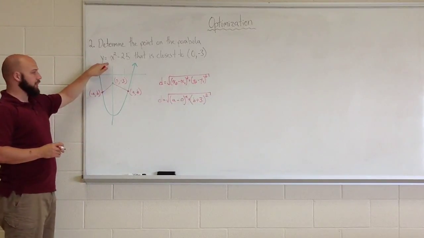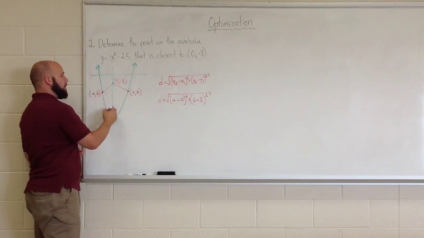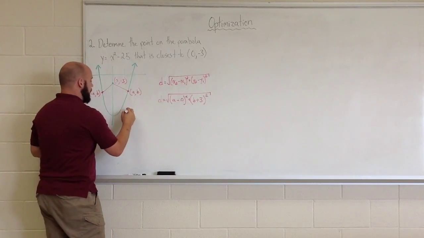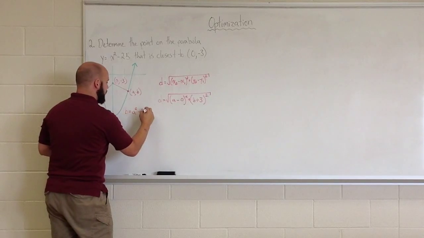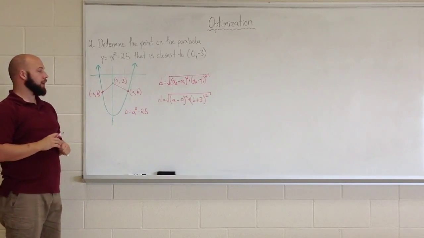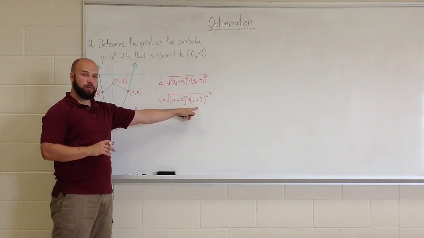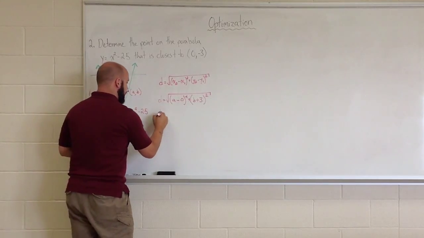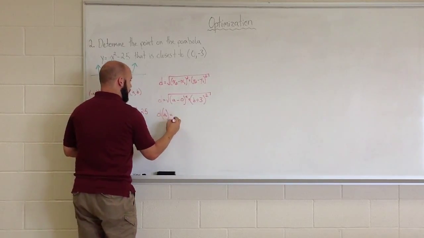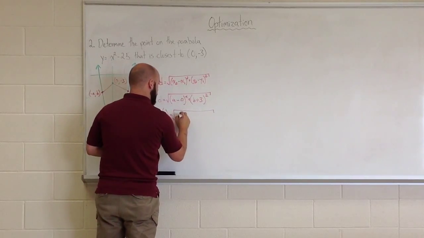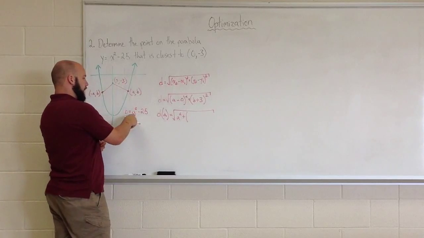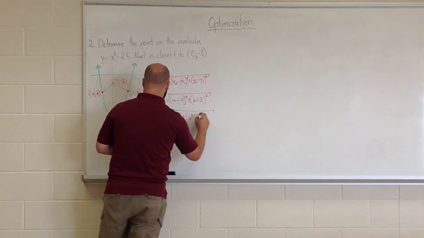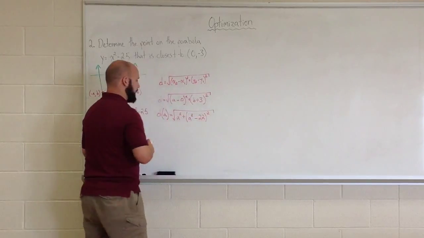Now we have another equation here, and since (a, b) is on our parabola, b equals a squared minus 25. We can plug that value in for our b value and expand this equation from there. So d, as a function of a, equals the square root of a squared plus (a squared minus 25 plus 3), so (a squared minus 22) squared.